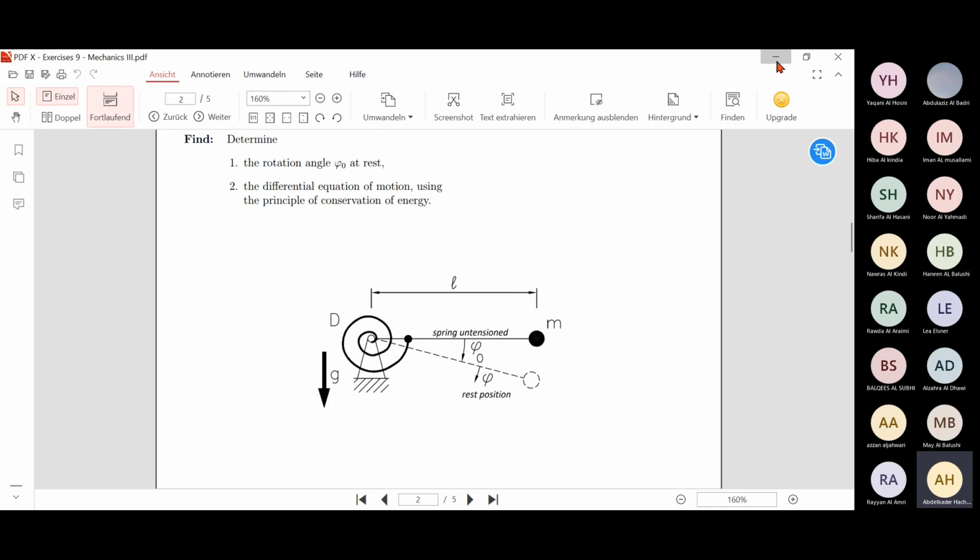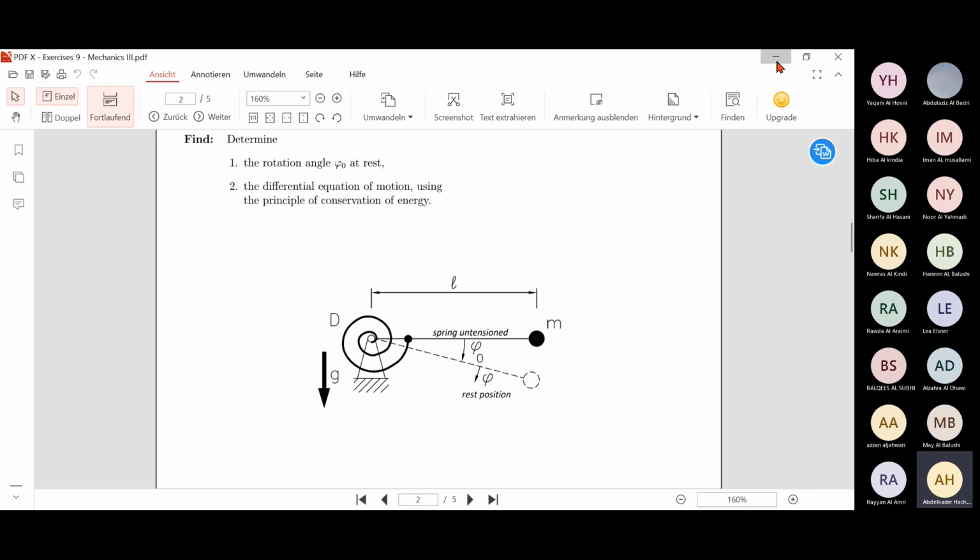For this kind of spring, the spiral one or the watch spring, we have D, the coefficient, multiplied by the covered rotation.